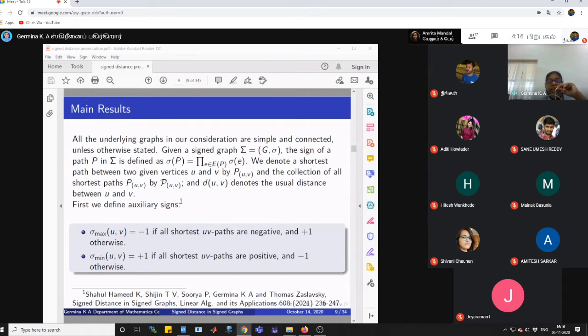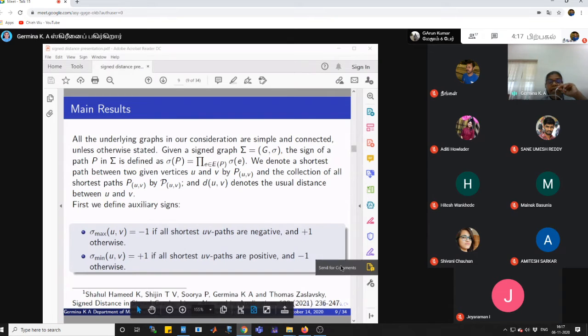So first we define an auxiliary sign. We denote it as sigma max of uv. We take the sign sigma max of uv equal to -1 if all the uv paths are negative and +1 otherwise.